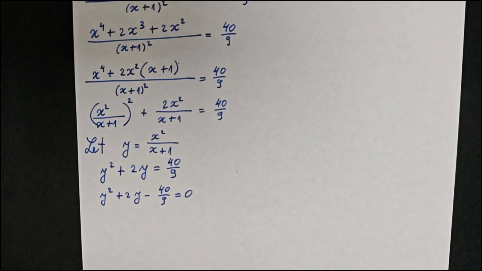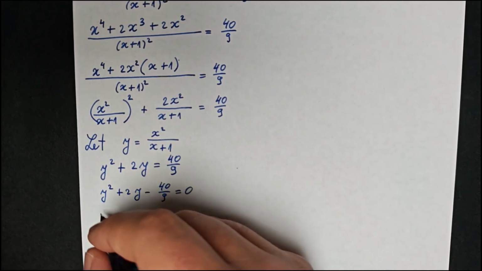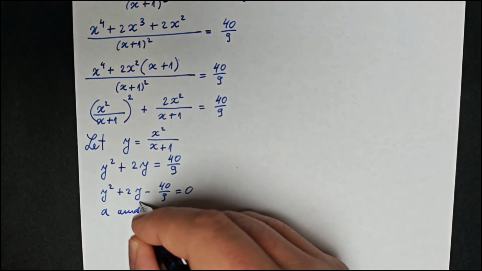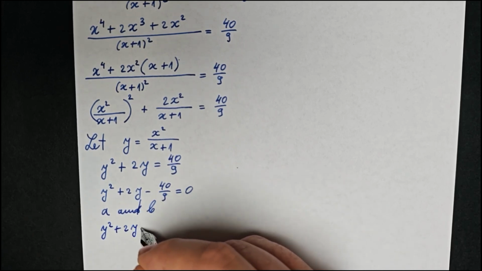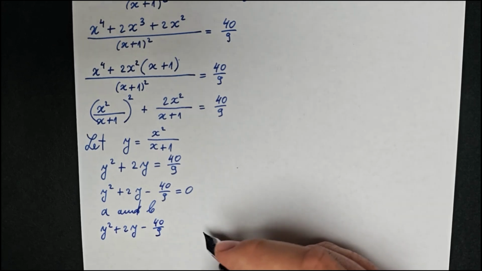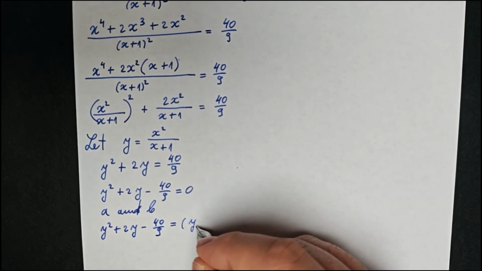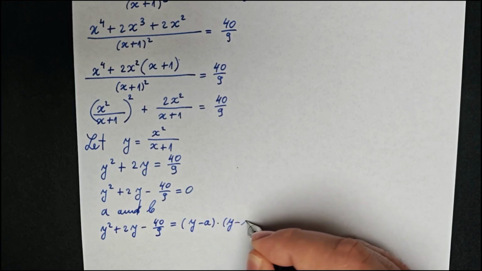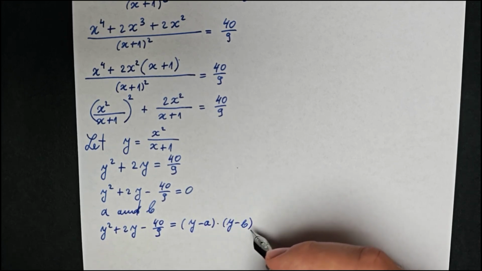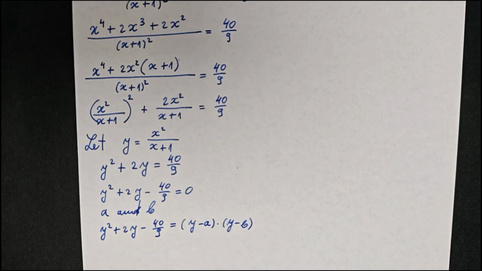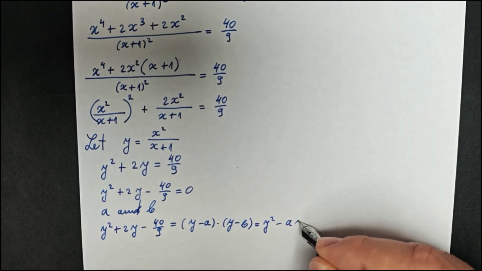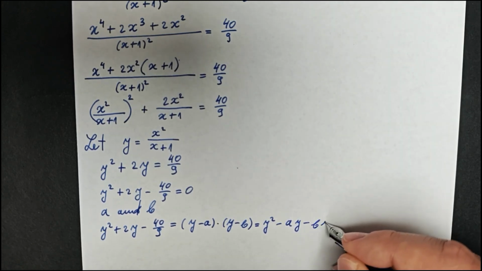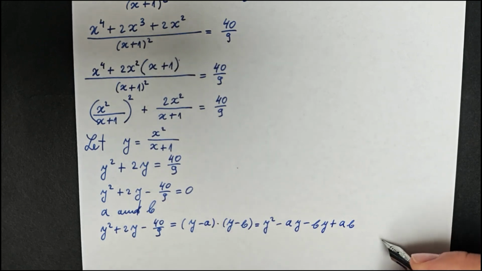As you know, a quadratic equation has two solutions, and we are going to call them a and b. The polynomial y²+2y−40/9 can be written as (y−a) multiplied by (y−b), as a and b are the roots of that polynomial. When we expand this, we get y² minus a multiplied by y, minus b multiplied by y, plus ab.